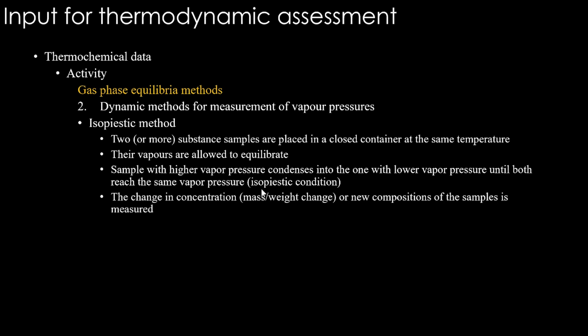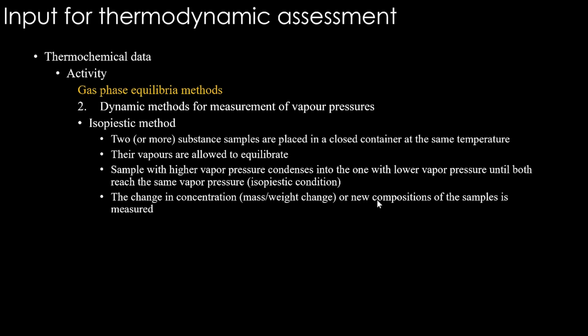Okay, and the change in concentration, mass or weight change, or eventually new compositions of the samples is measured, because this kind of exchange of matter happens and the composition of the initial samples will change. See, this kind of methods go on even for months. Okay, this kind of vapor pressure becoming equilibrated happens even over months. So that's the kind of time involved in this kind of techniques. From this, relative vapor pressure is obtained.